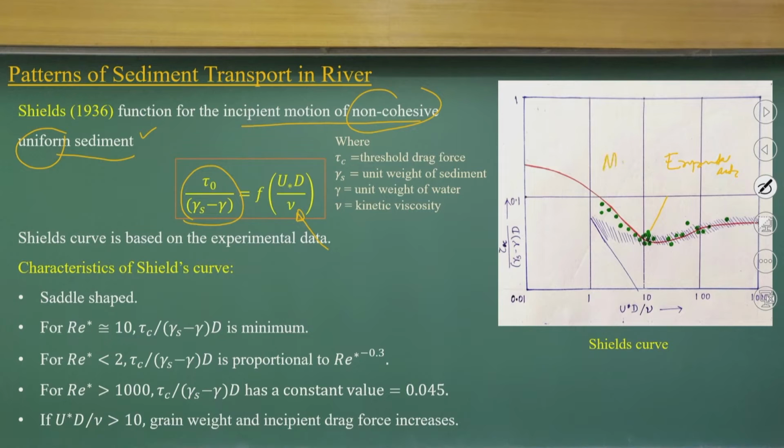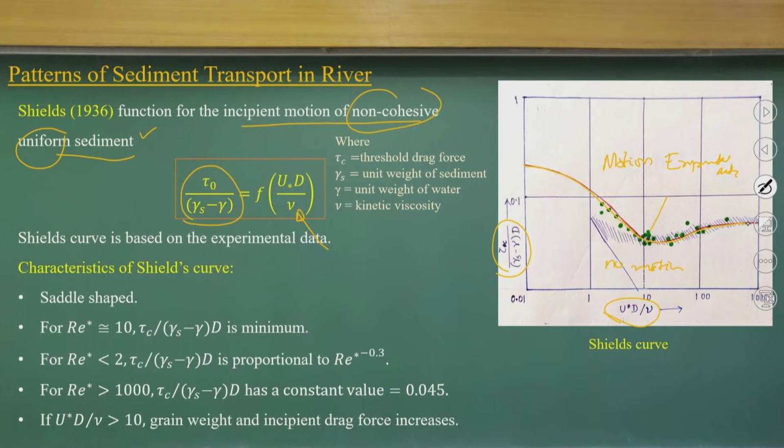This is the motion zone, and this is the no motion zone of the sediment. If you plot the particle Reynolds number against the Shields number, which is the ratio of the shear stress to the submerged weight of the sediment particles, the functional behavior is quite interesting.